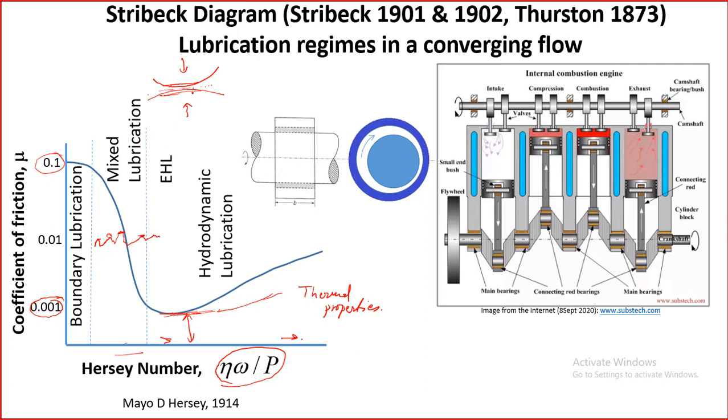This can happen at very high load, with materials like steel, or it can happen for softer materials like rubber or plastics, because they have a lower value of elastic modulus and they will deform at lower load.